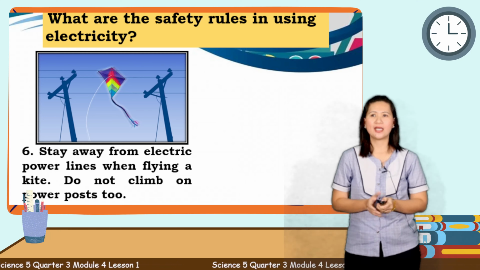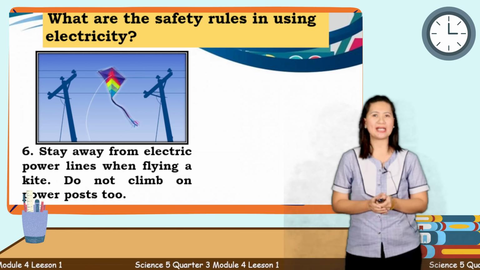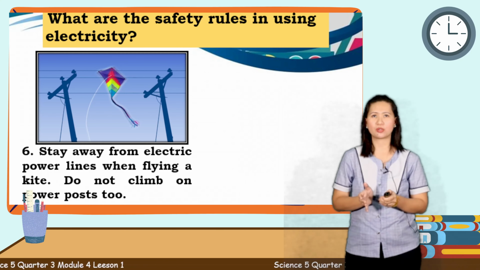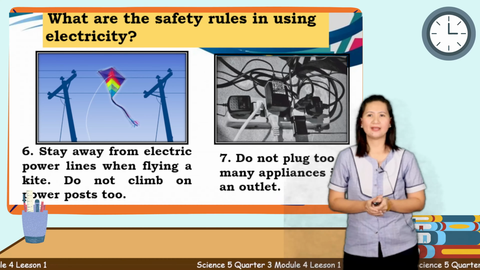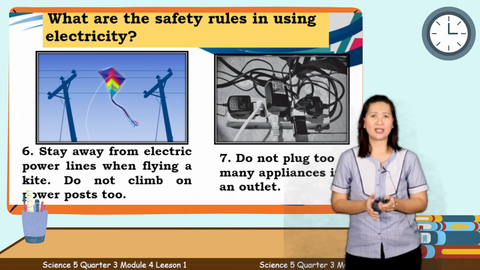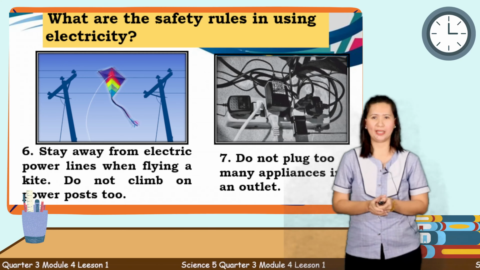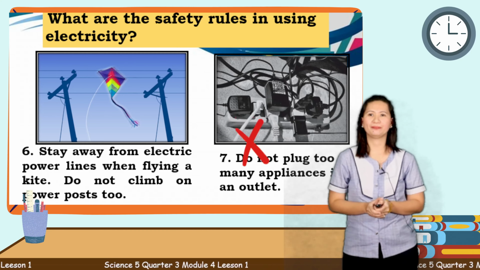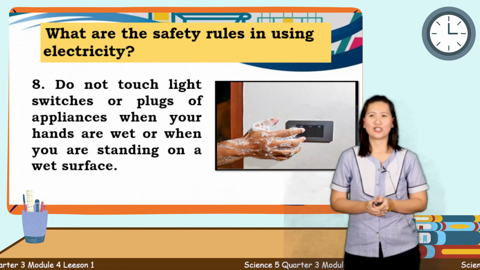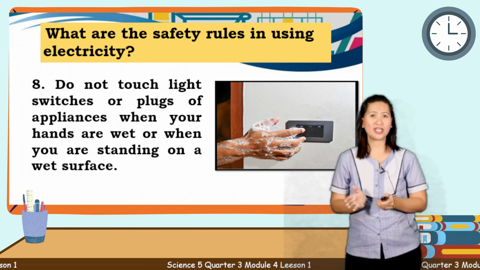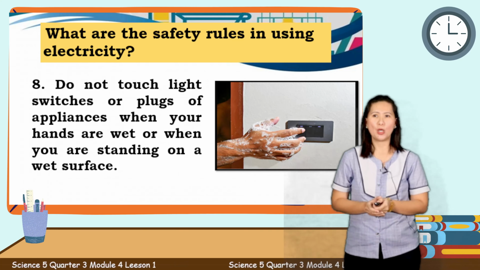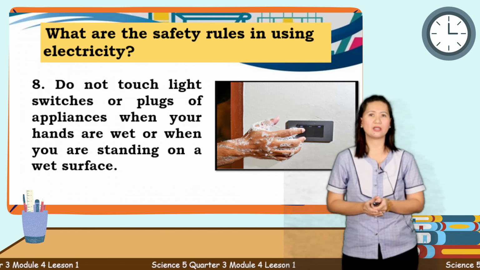Number 6, stay away from electric power lines when flying a kite. Do not climb on power posts too. And do not plug too many appliances into an outlet. So that is what we call an octopus wiring. So don't do that. Number 8, do not touch light switches or plugs of appliances when your hands are wet or when you are standing on a wet surface.